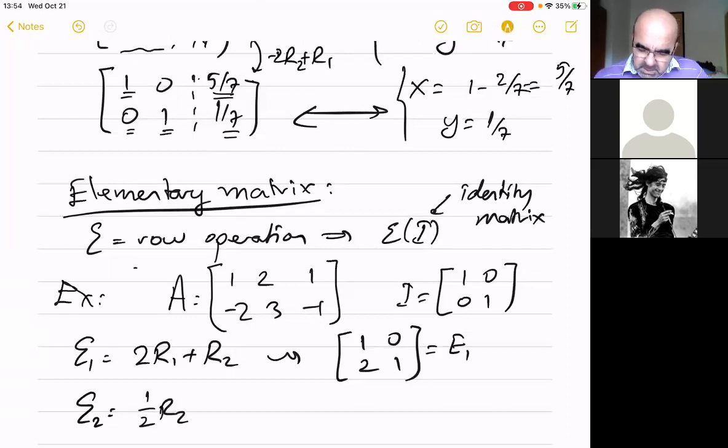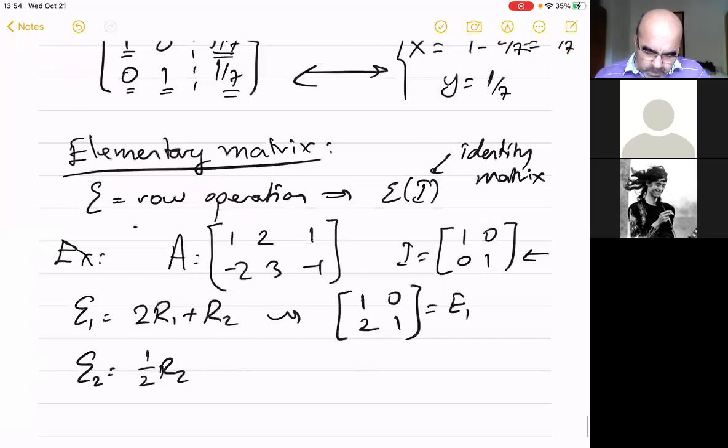So in this identity matrix, let me write here, epsilon 2 applied to the identity: if we multiply the second row by 1/7, we have 1, 0, 0, 1/7.